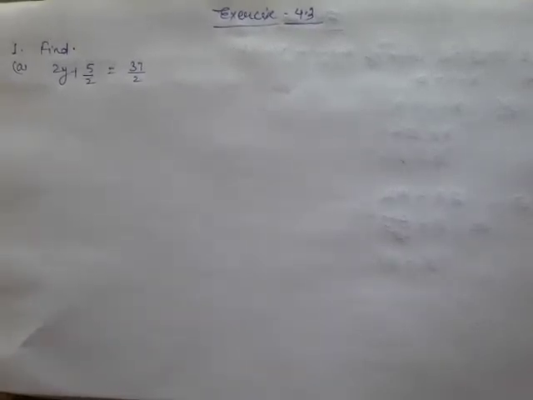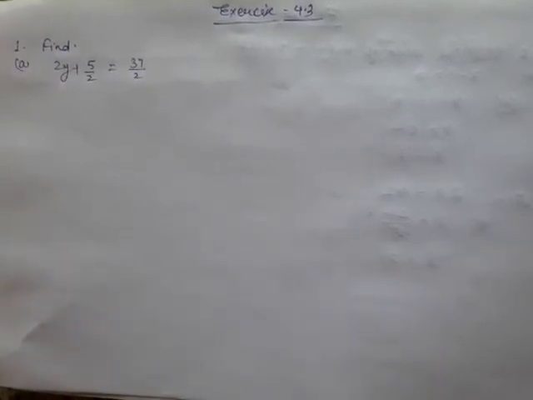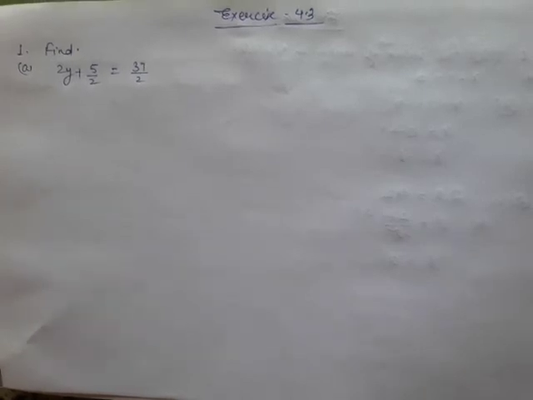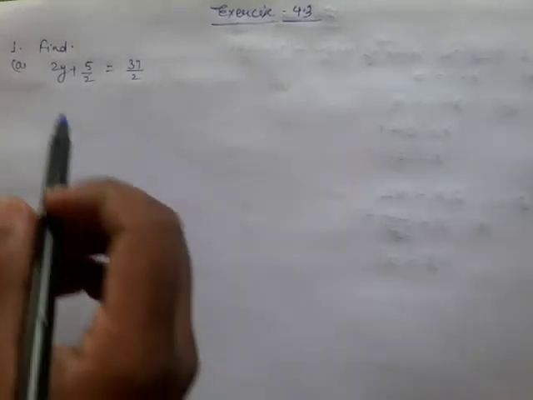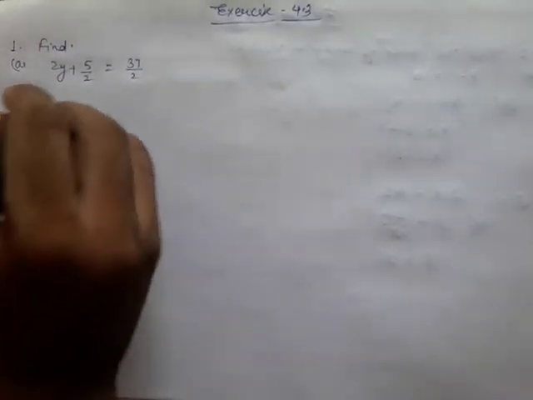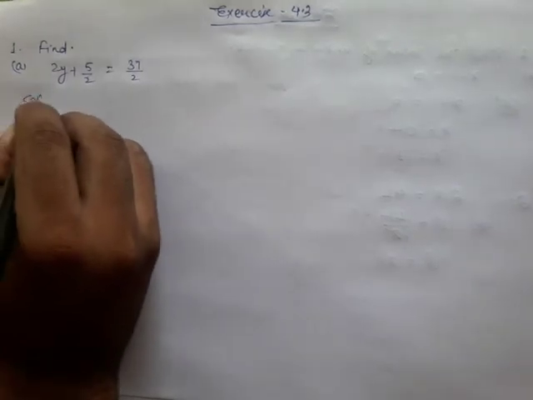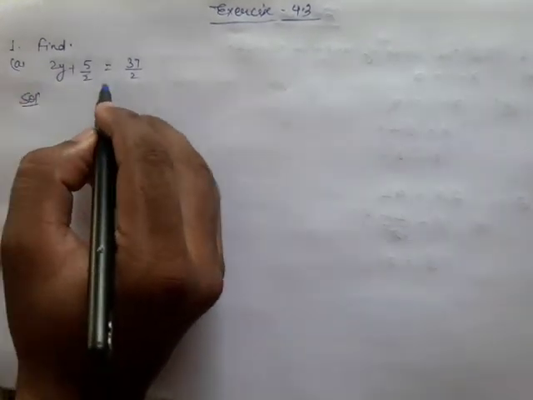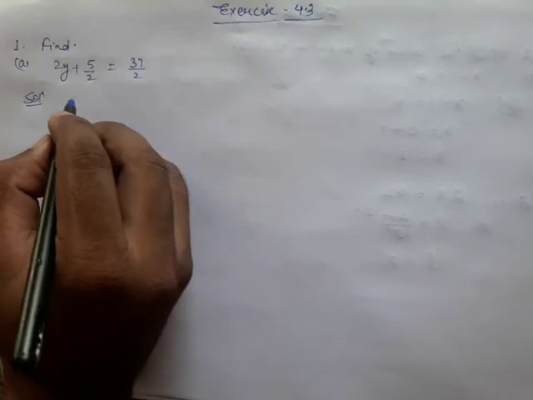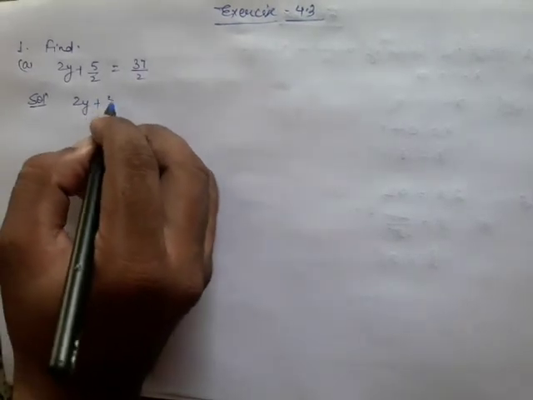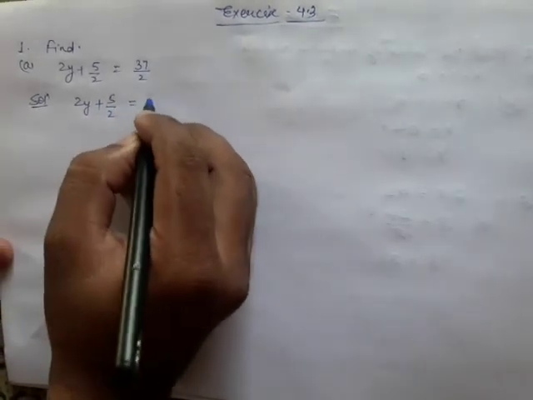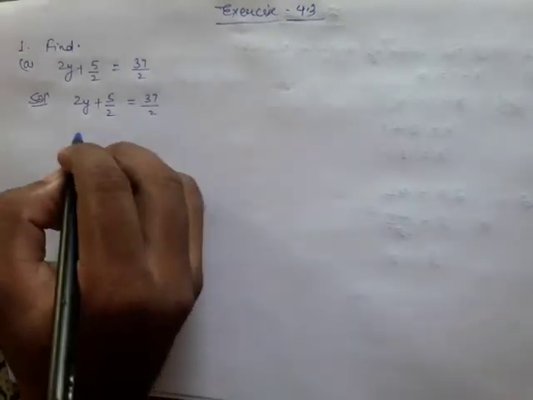In third exercise, same. Find the value of y, the unknown variable. 2y plus 5 by 2 equal to 37 by 2. It is an equation.